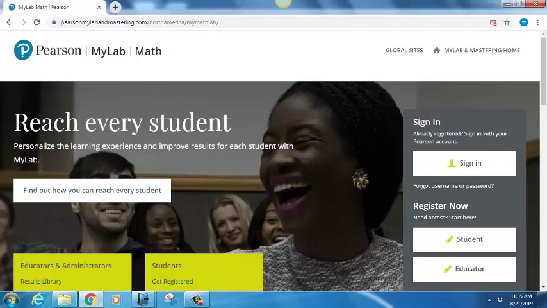If you're new to MyMathLab, you're going to have to create an account, which is what you usually do when you create an account online. You have to make up a username and a password, and then answer some security questions in case you forget your username or your password.